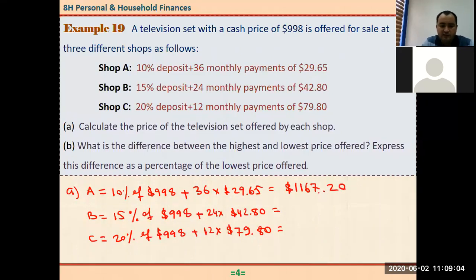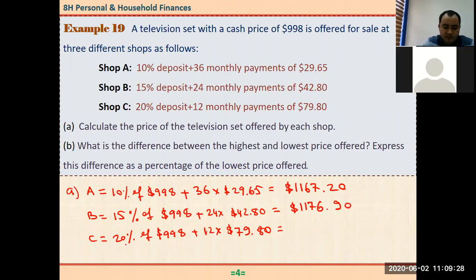The second one, 15%, 0.15 times 998 plus 24 times 42.80, equals $1176.90.